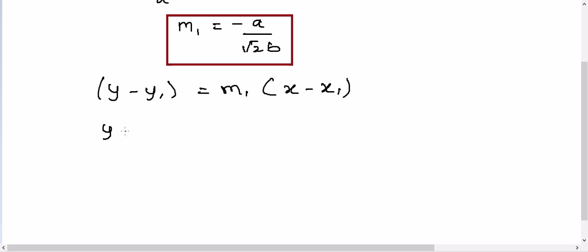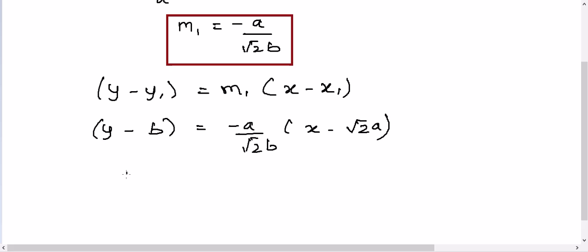So y minus b is equal to minus a by root 2b into x minus root 2a, which is equal to minus a by root 2b x plus a square by b.